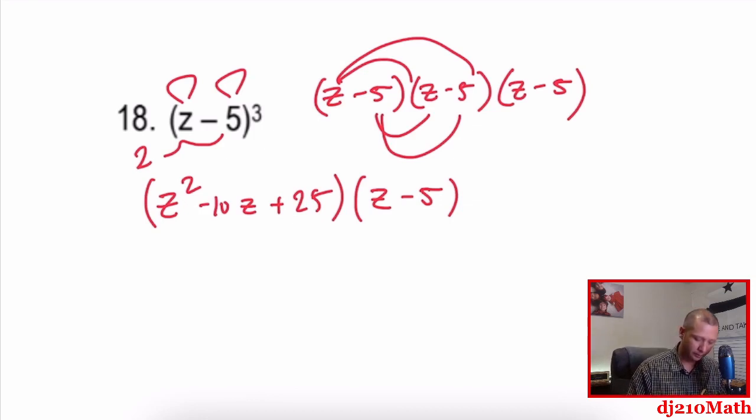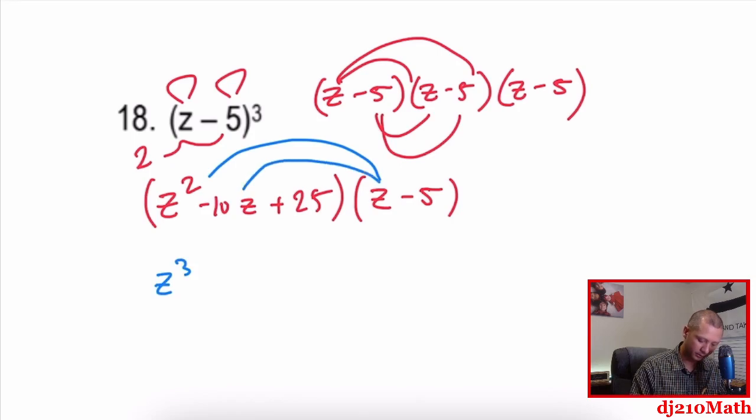All right, so let's see. Z times z squared, z cubed. Z times negative 10z is negative 10z squared. And then plus 25z.